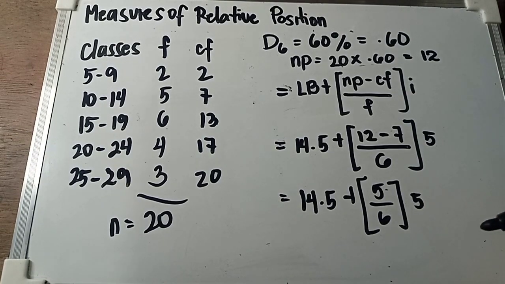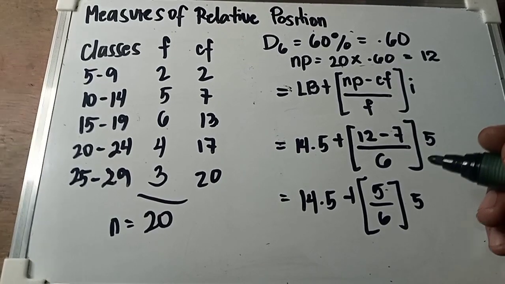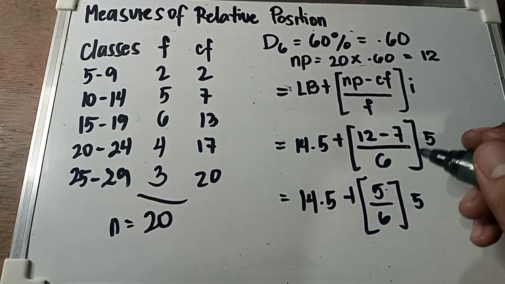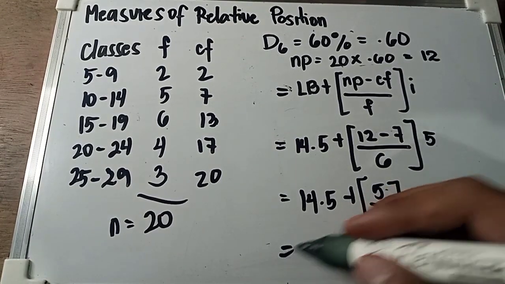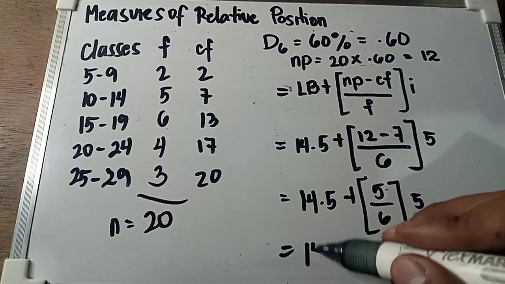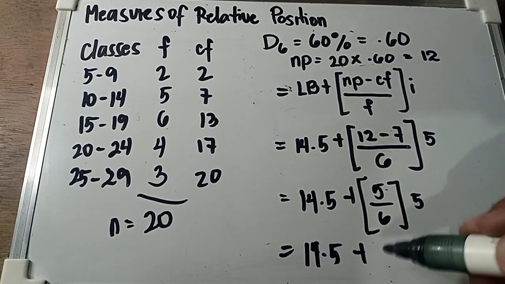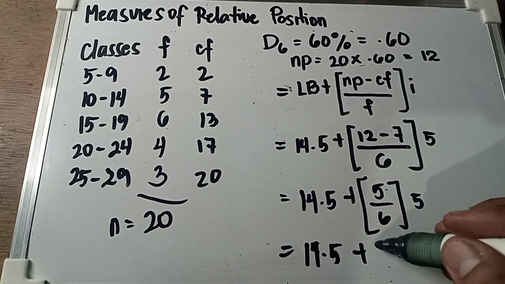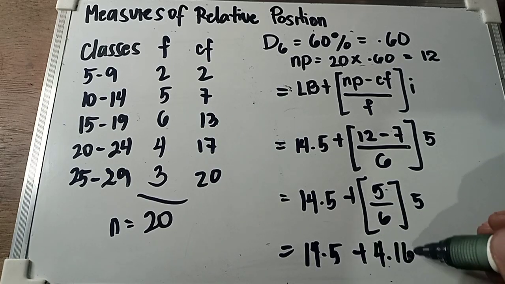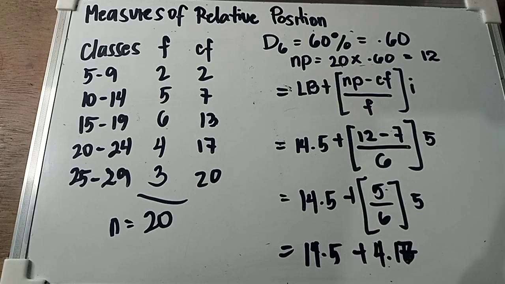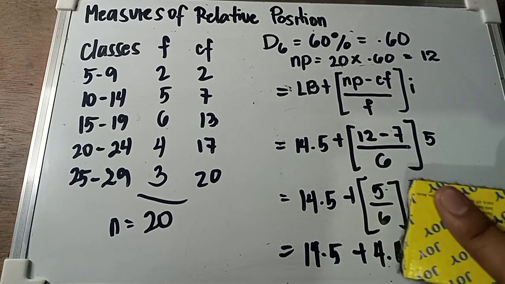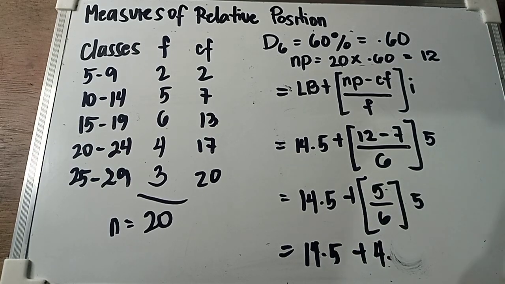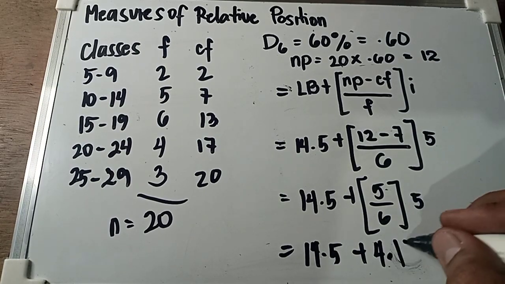Then multiply by 5, that will be 4.16666. Round off mo na lang, so that will be 14.5 plus 4.70.